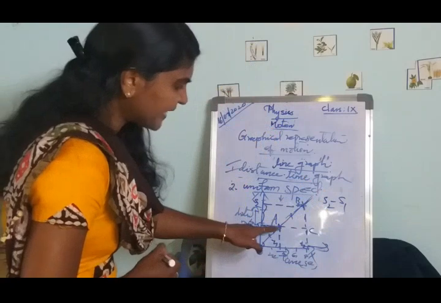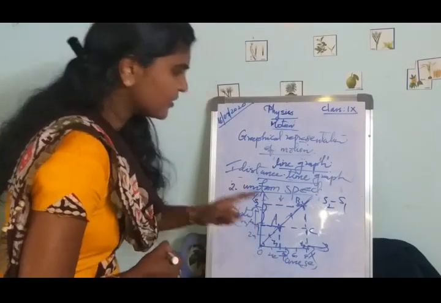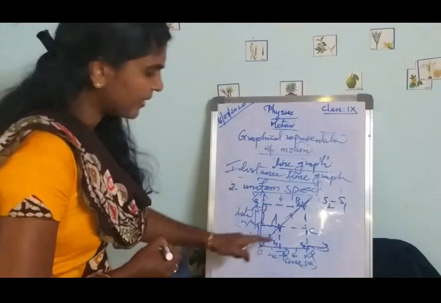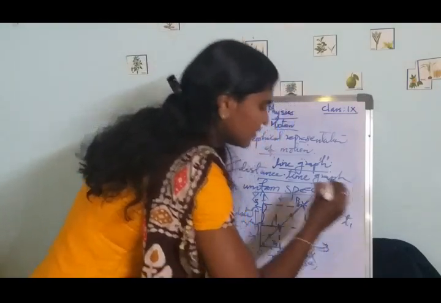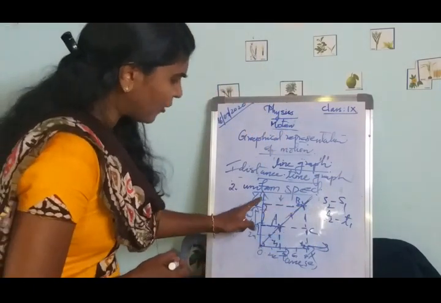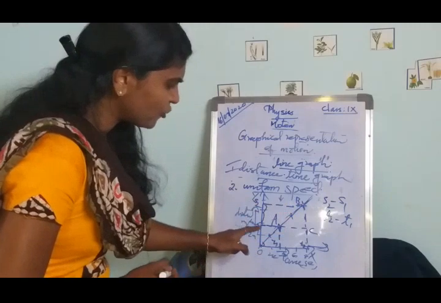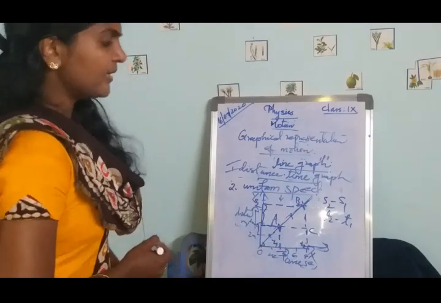It is S2 minus S1. When the object moves from A to B, that object covers a distance of S2 minus S1 during the time interval T2 minus T1.